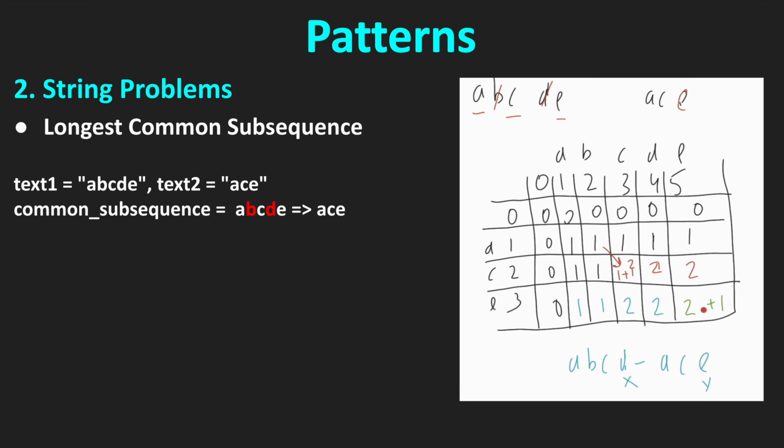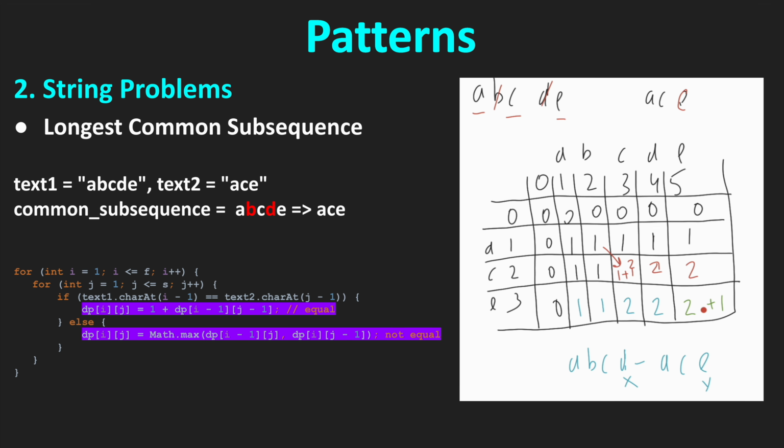And solution-wise, if we look at the solution, what are we doing? If they are equal, in this case, if C is equal to C, then we have at least one character here, plus whatever the maximum value. So we are taking C from the equation. Now we need to know the longest common subsequence for A and AB. For A and AB, we have already solved that subproblem.